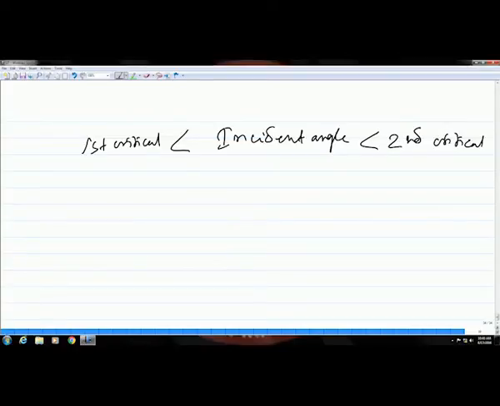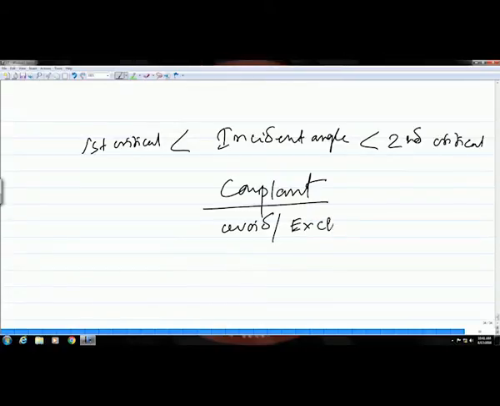And then we also saw that you need to use something called couplant in order to exclude the air gap at the interface.